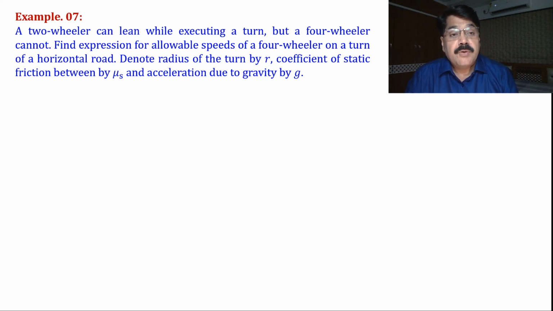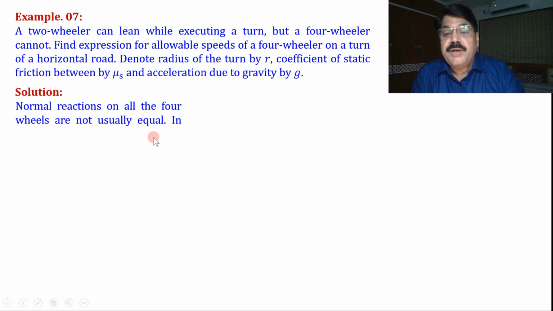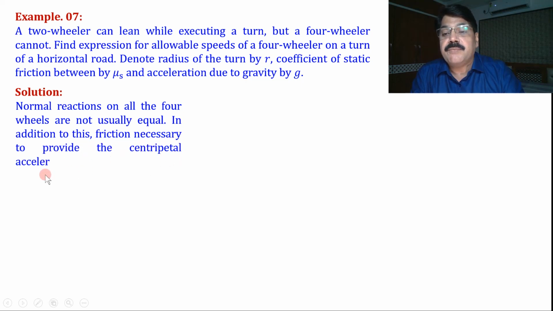But on this horizontal road, a four-wheeler cannot lean. So it can achieve its centripetal force by the force of static friction only. So let us analyze this. Normal reactions on all the four wheels are not usually equal. In addition to this, the friction necessary to provide the centripetal acceleration is created at the steered wheel only.